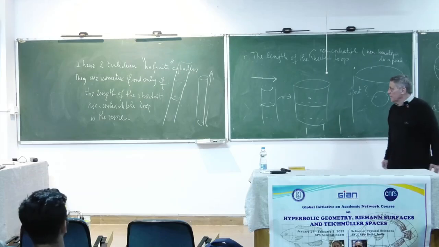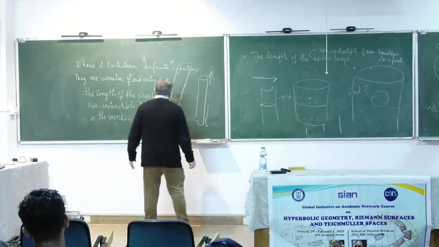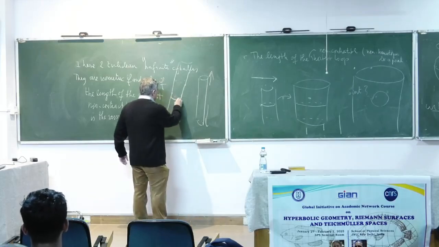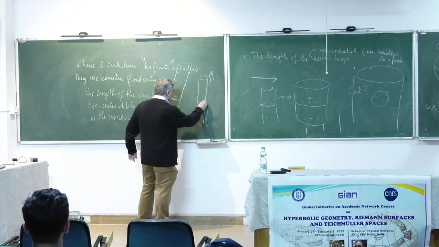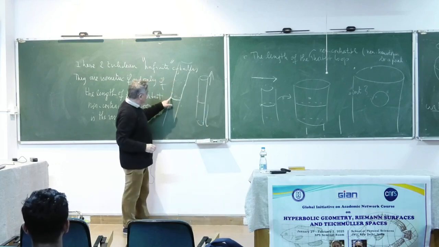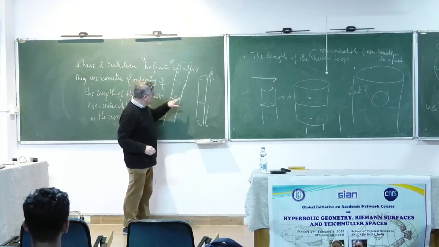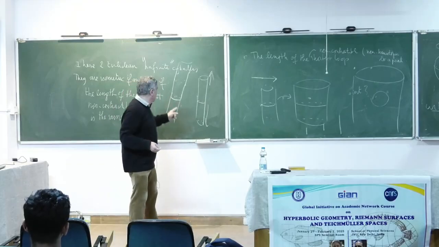And if you want to prove this, you say, right, first I consider a shortest loop here, and here I consider a shortest loop, and since they have the same length, there's a length-preserving one-dimensional map between this and this.